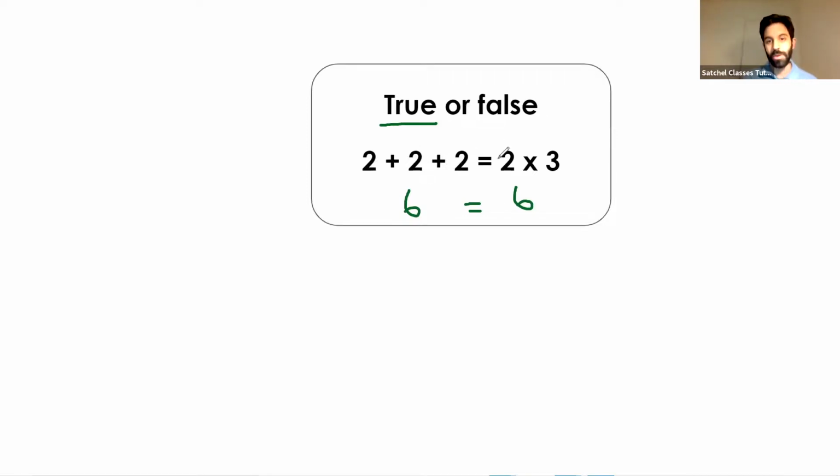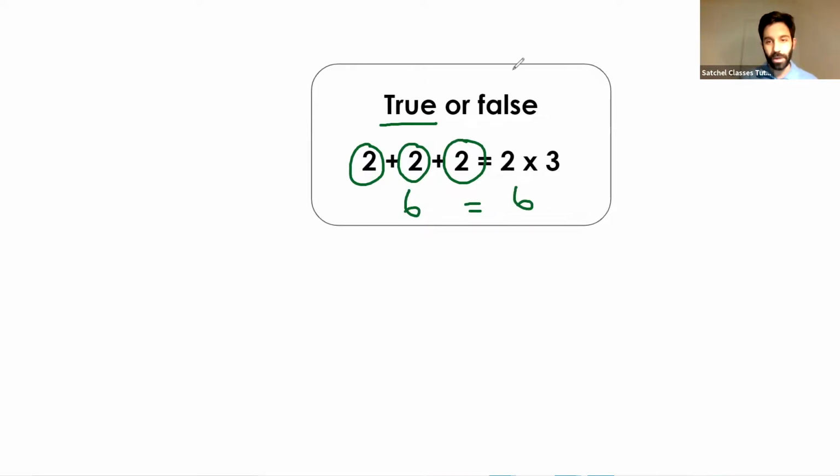We can simplify the bit on the left, and rather than adding 2 three times, we can say we have 3 lots of 2's. We have 1 two, 2 twos, and 3 twos. So rather than adding, we would simplify the process and instead use the multiplication operation.